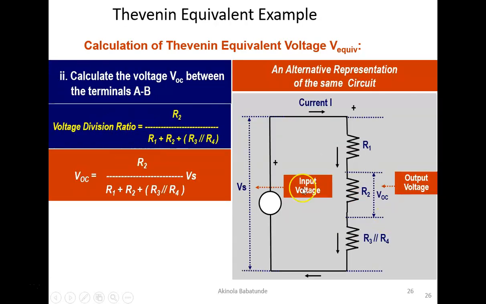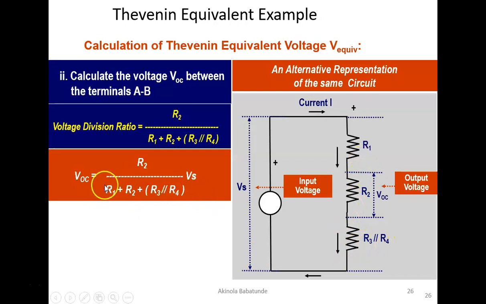Using voltage division, we can say that our VOC will be equal to the voltage source, VS, multiplied by R2 divided by the equivalent resistance in the circuit. The equivalent resistance in the circuit, like we said earlier, is R1 plus R2 plus R3 parallel R4.